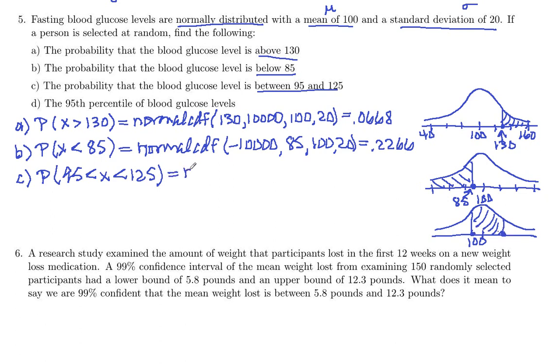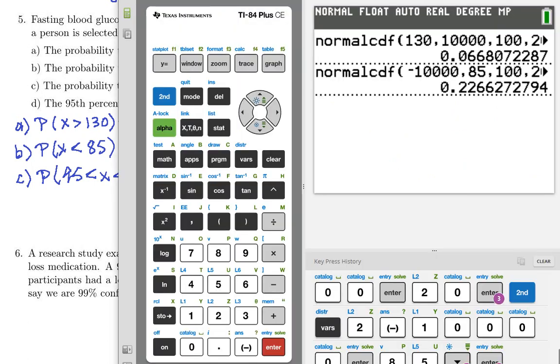So normal CDF. And then we'll have 95, comma 125, and then 100 mean, 20 standard deviation. Let's compute that.